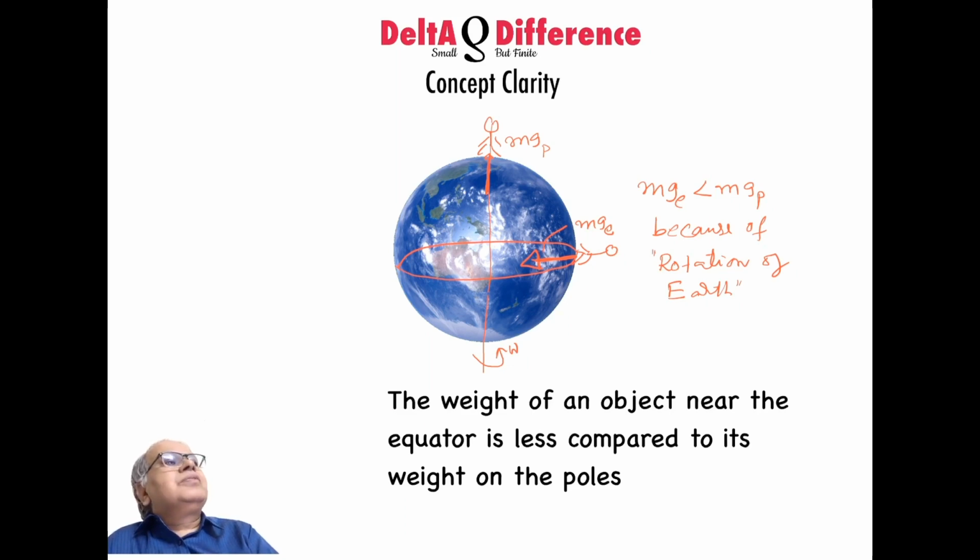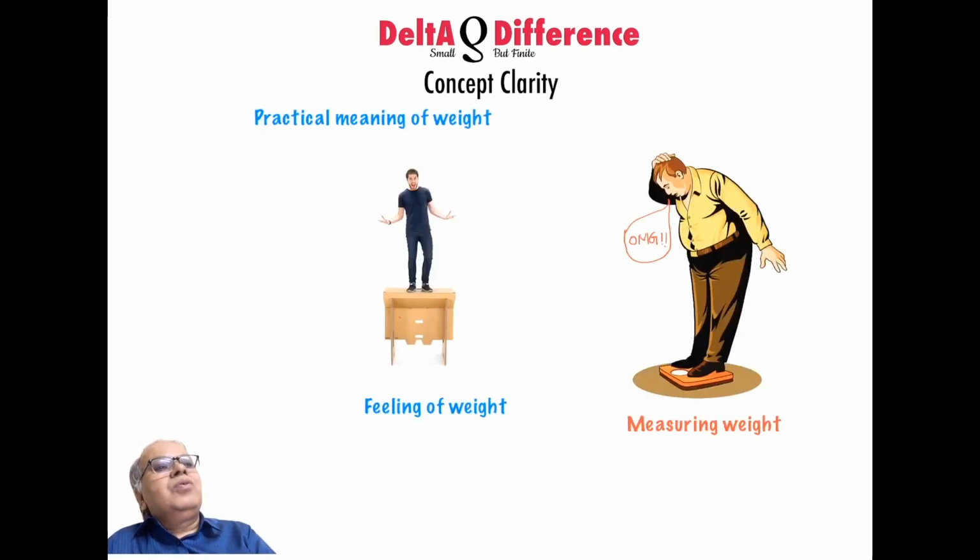We'll now go to understand two things about weight. One is, apart from the definition we mentioned, that weight is the force applied by the earth on the object, how this word weight has come into our usage, which is very, very important.